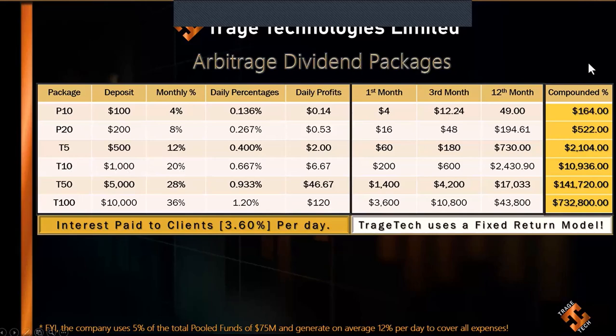Wait a second. I'll put $1,000 in, and they're using what's called a fixed return model. Because they're using a fixed return model, and this is their information, they have to pay you 20% a month, regardless. And I'll show you an example for that. $5,000, 28%.